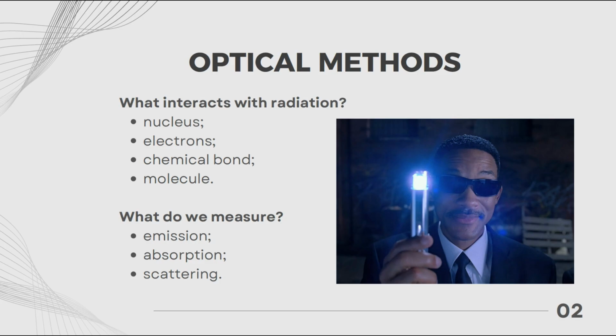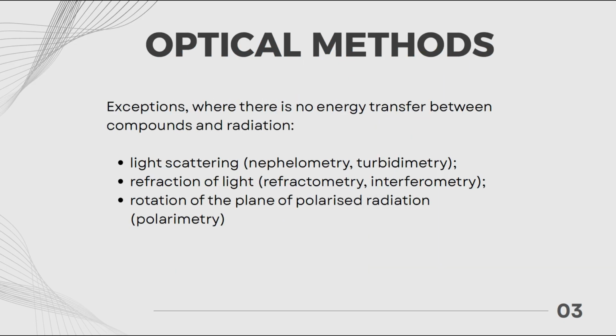Electromagnetic radiation may excite electrons, molecules, etc. So it means that there is some energy transfer. That's why in this third variant, the exceptions, there is no energy transfer between compounds and radiation.